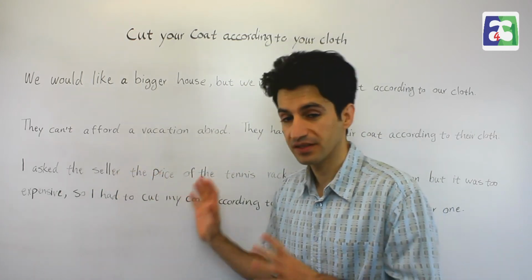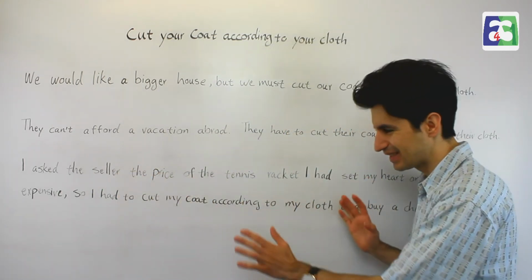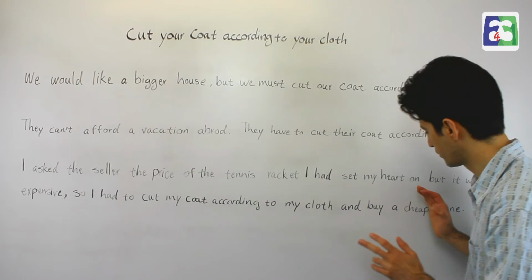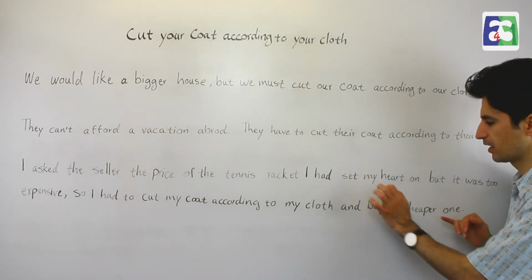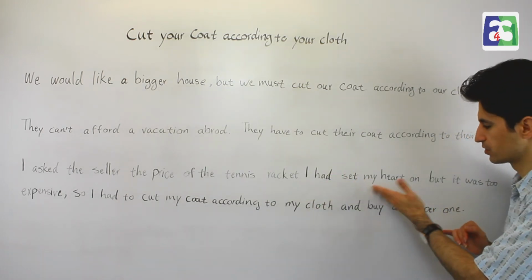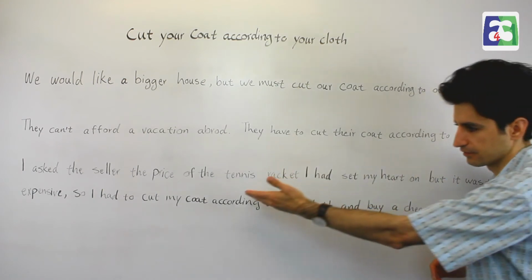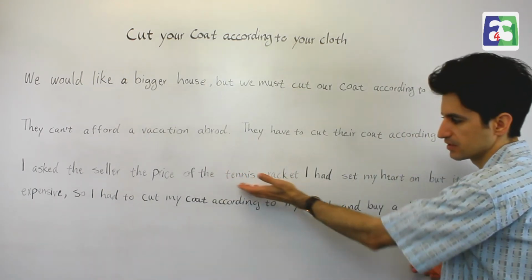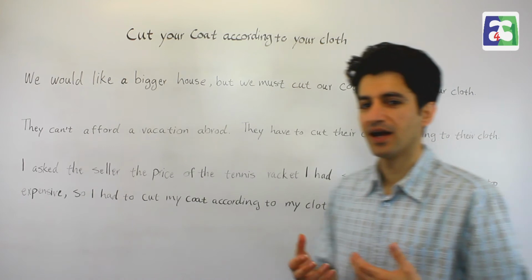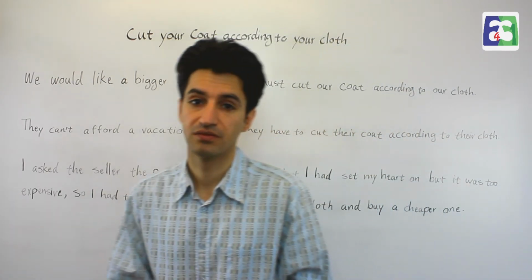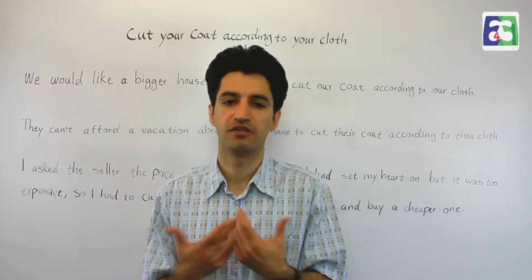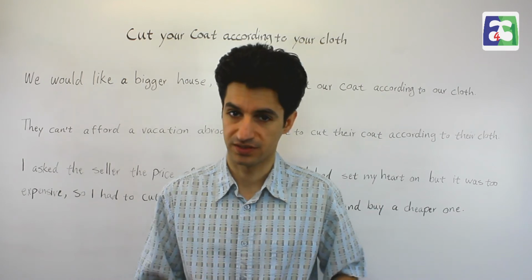So over here in the example there is something that might be a bit new to you, I'm not sure, and that is "to set one's heart on something." In this case the something is the tennis racket. When you say I had set my heart on it, it means I loved it, I really wanted that.